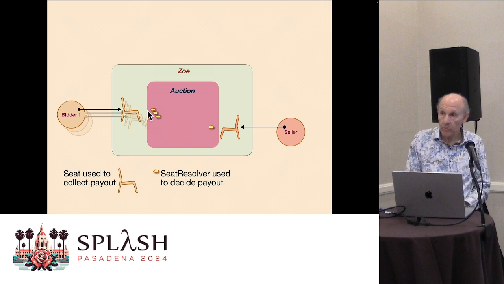These little arrow icons that you saw in the rearrange message, they're given to the contract to name the participants in order to express the rearrangement. And so we call those seat resolvers because each one of those represents the ability to determine what the payout is of that participant, but it can only determine that within the constraints of offer safety.